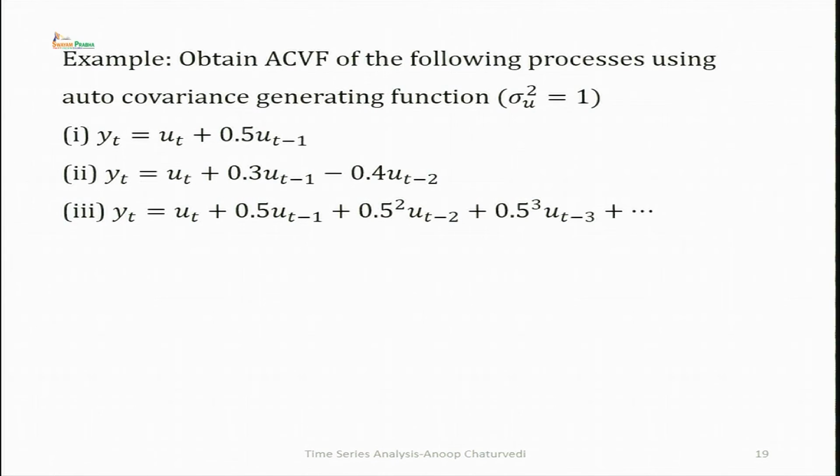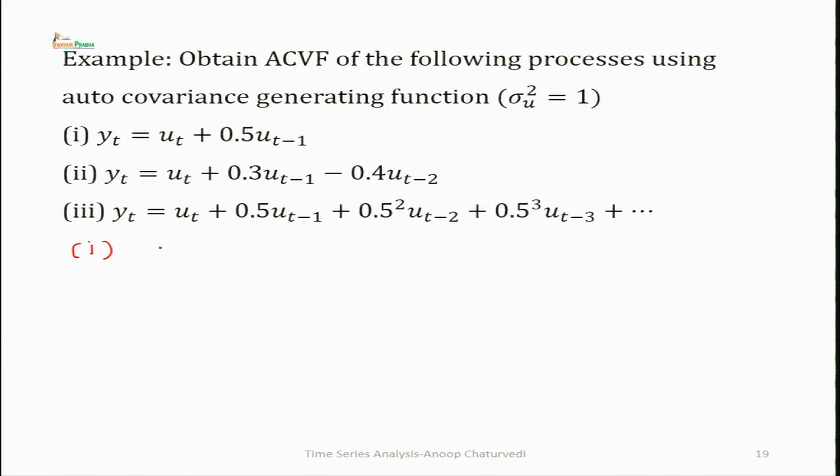Now, we obtain the autocovariance function of the following processes using the autocovariance generating function, and we assume that variance of the purely random process u t is equal to 1. So, first we consider the process y t is equal to u t plus 0.5 u t minus 1.